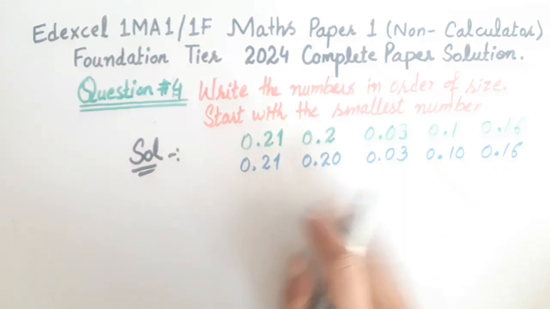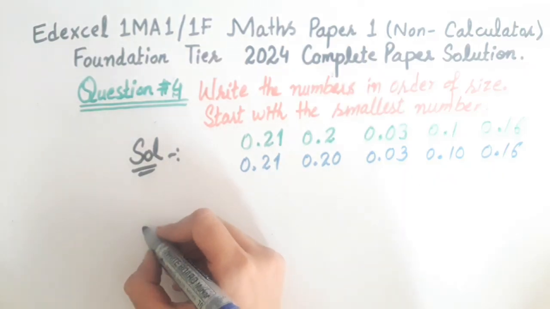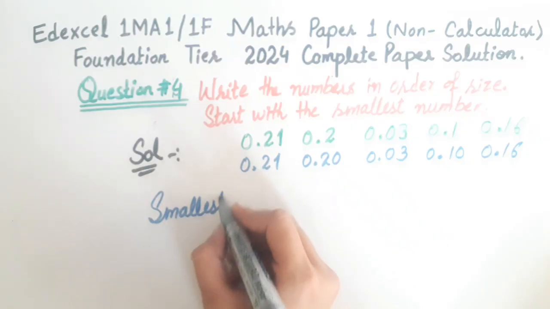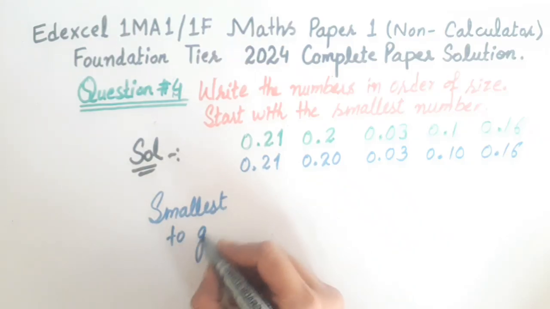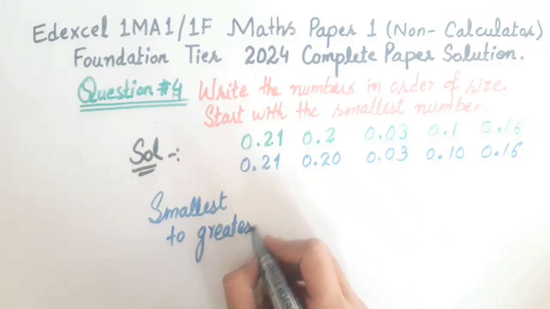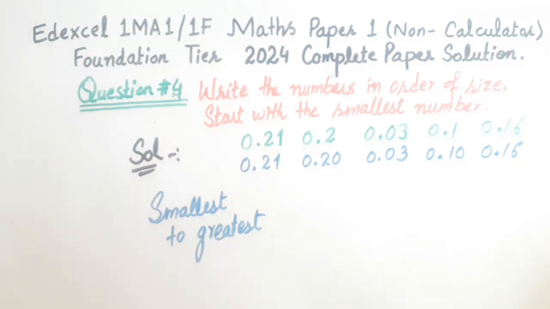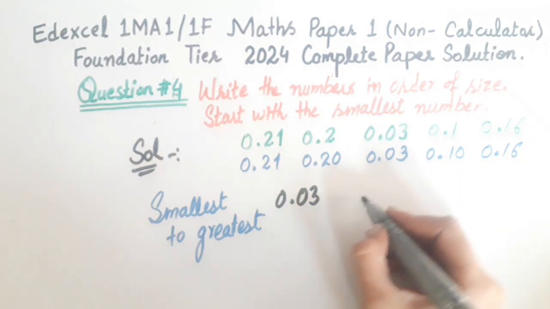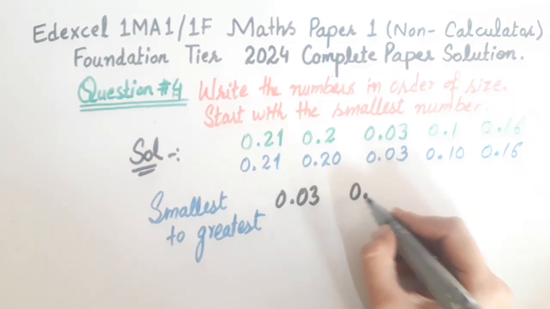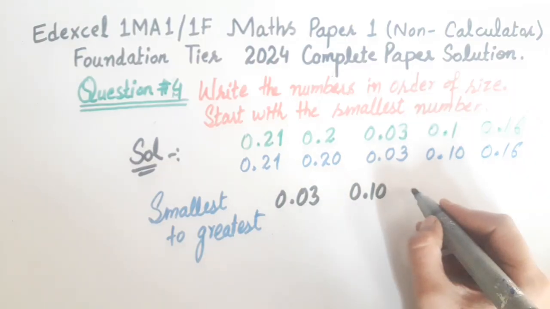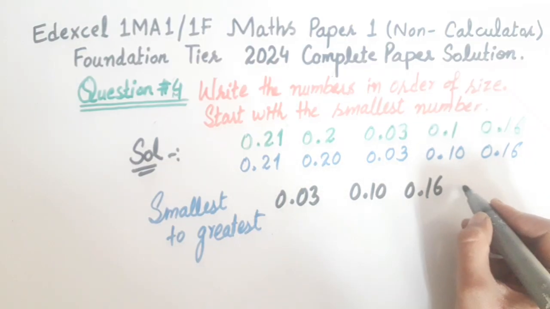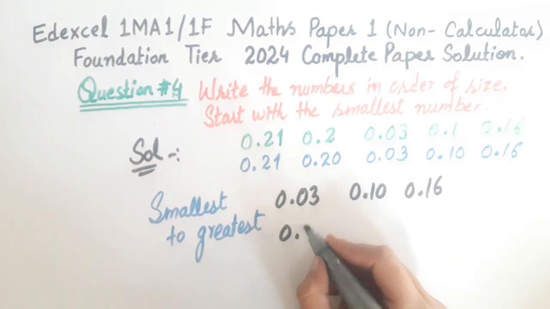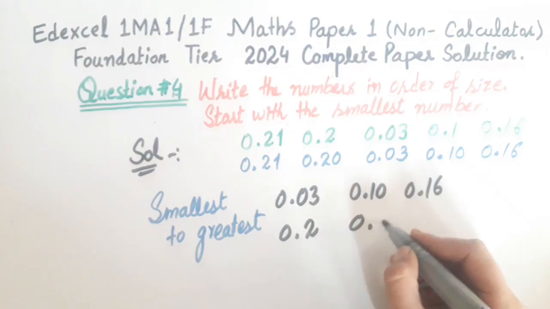So we will write smallest to greatest. It means first we will write 0.03, then 0.10, then 0.16, then 0.2 and 0.21.